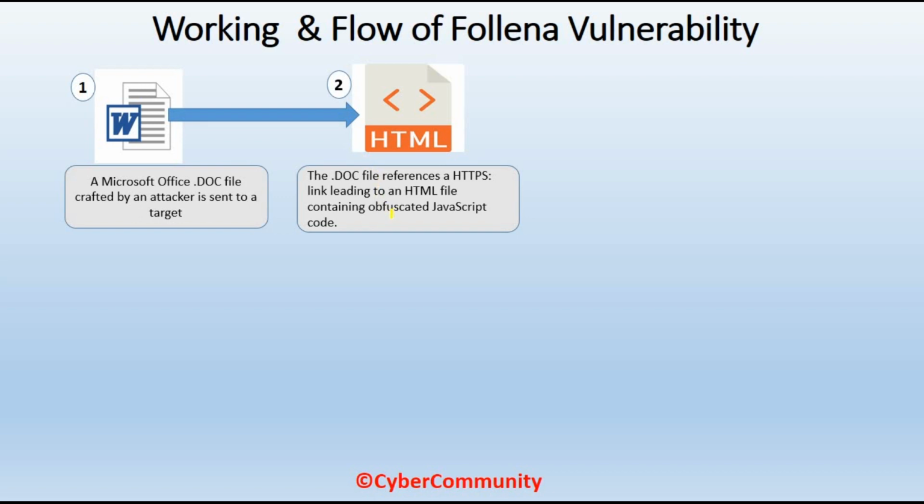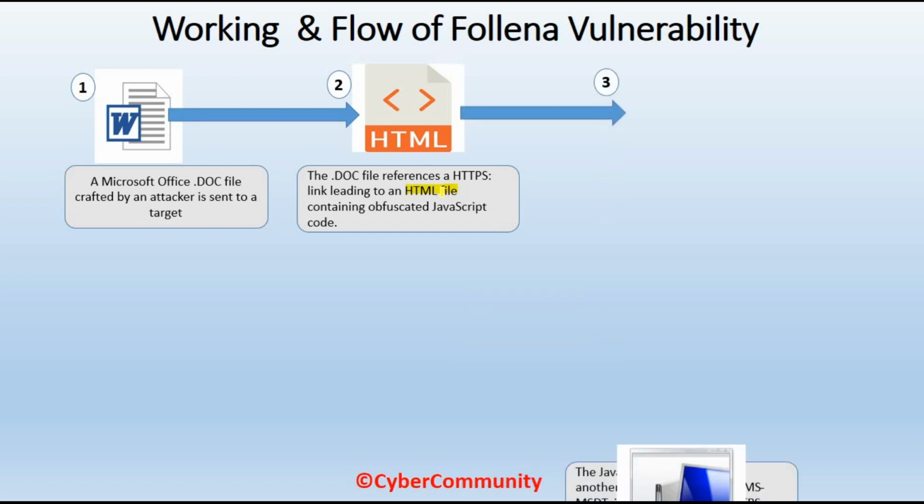Now what is happening here? This doc file refers to the HTTPS link which has the HTML file. This HTML file has arbitrary code, or you can say JavaScript code, with obfuscated data. If there is an HTML file, it should go to HTTPS, right?